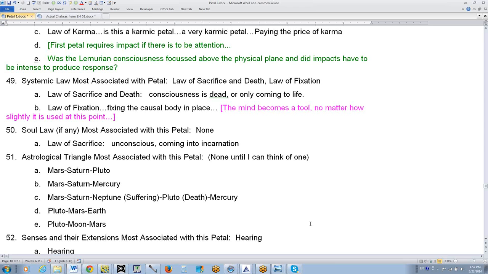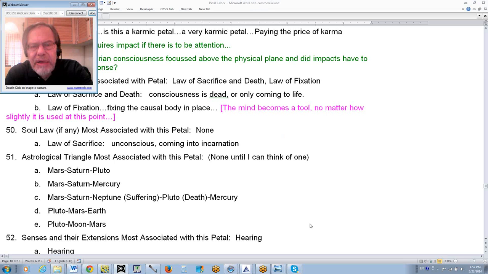Saturn is usually related to the throat center, but sometimes it's connected with the base of the spine in some tabulations. Pluto with the base of the spine, Mars with the base of the spine, Mercury even with the base of the spine, in terms of the caduceus. Neptune usually has a higher correlation, but there are these reflexes of the higher planets.